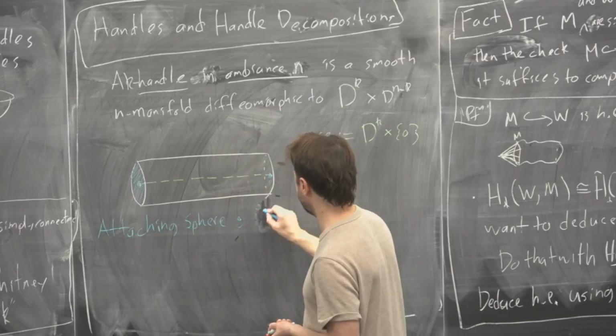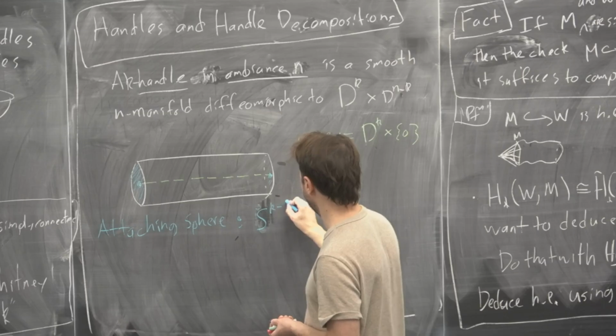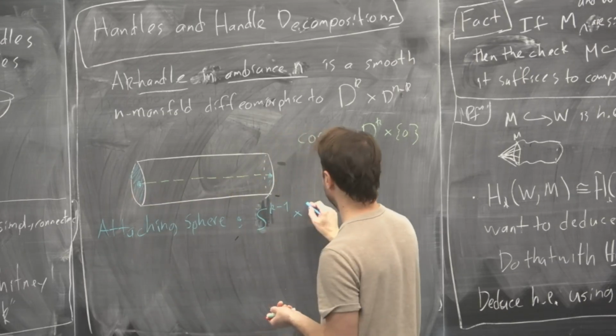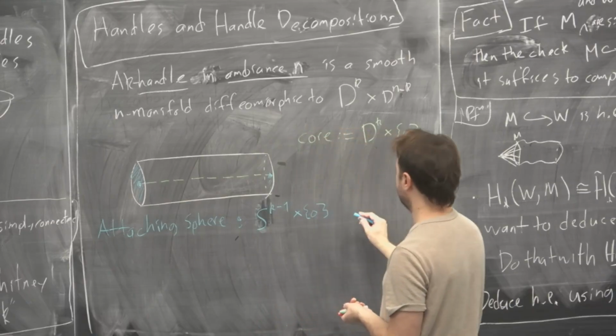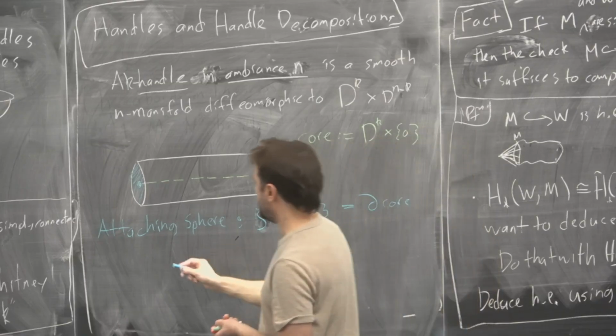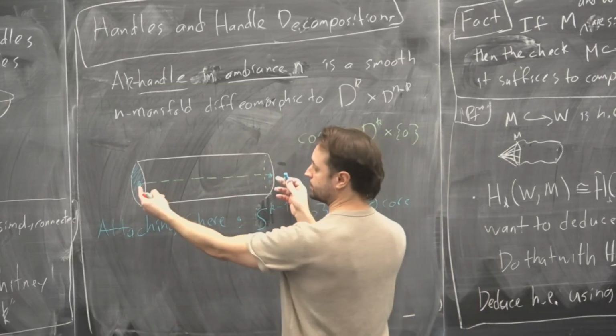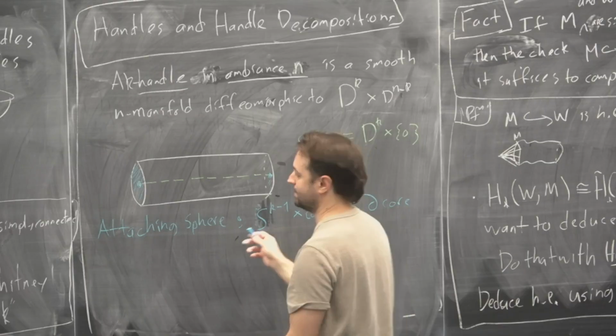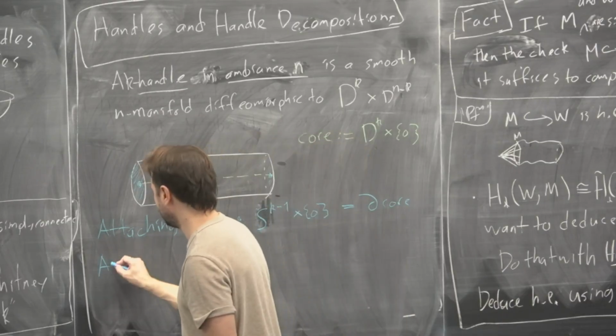So that's S^(k-1), the S^(k-1) cross 0, and this is equal to the boundary of the core. But we don't just want to attach at the sphere, we want to attach along the entire thickened attaching sphere, which I will call the attaching region.